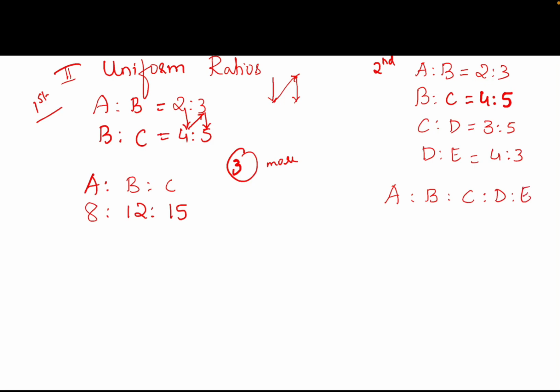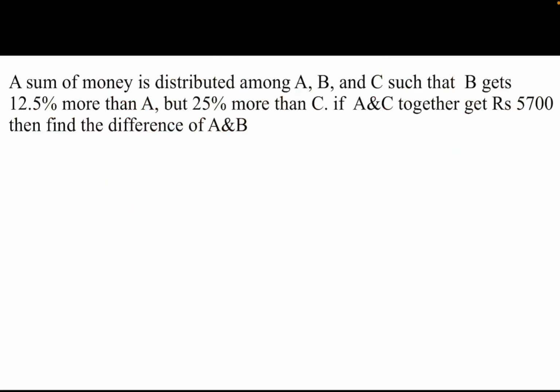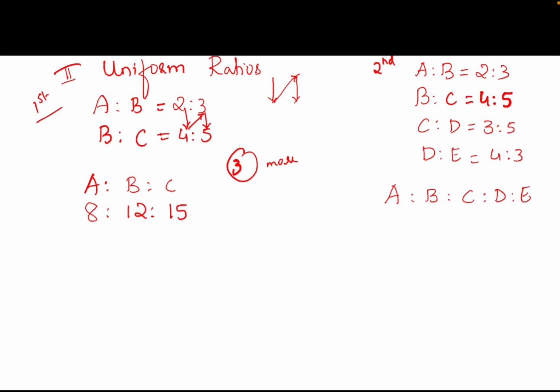Before I do this problem, we will see it with the simpler problem. A is to B, we know, was 2 is to 3, so write 2 is to 3. Then A is to B is to C we want. Now B is to C we know is 4 is to 5, so write below this 4 is to 5. Now how to combine?